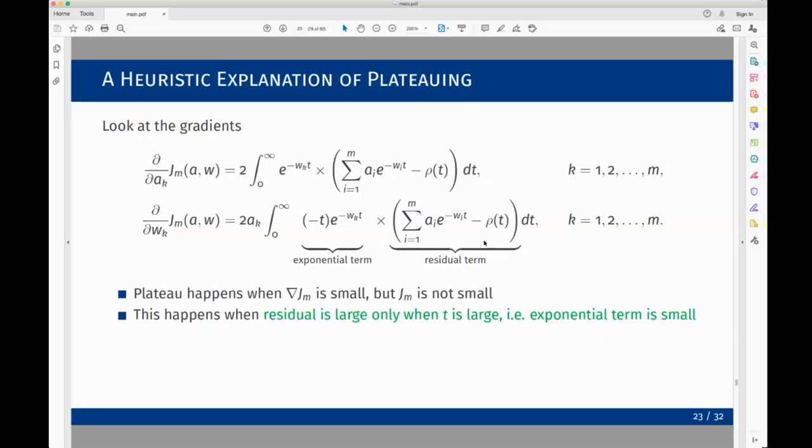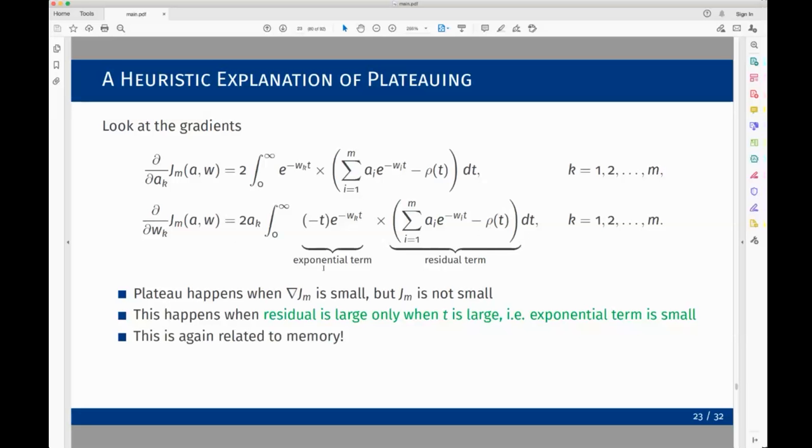But since the residual is large when t is large, the L2 norm of the original loss function can still be very large. So in this sense, we would encounter the plateau phenomenon. So in other words, the large error part is compensated by the exponential term when we're calculating the gradient.